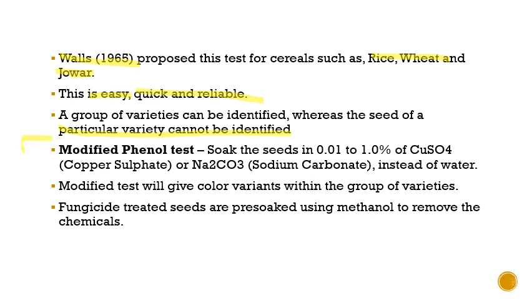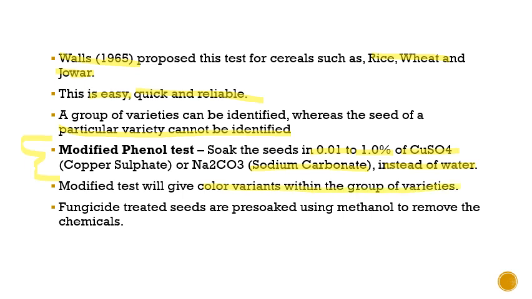Again, there is a modification of this phenol test where the seeds are soaked in 0.01 to 1 percent of CuSO4, copper sulfate, or Na2CO3, sodium carbonate, instead of water. This modified test will give color variance within the group of varieties.